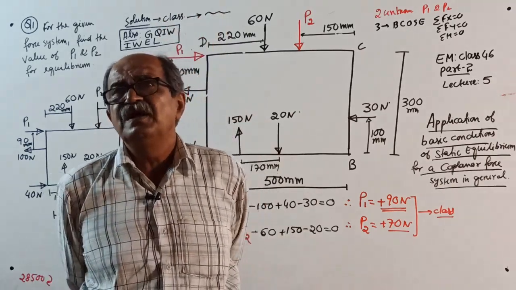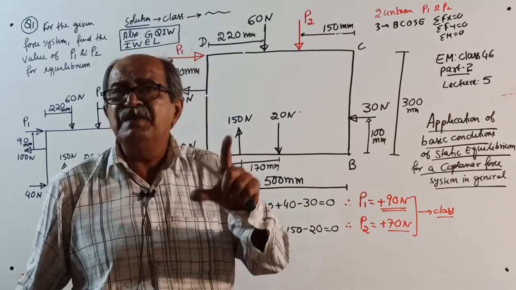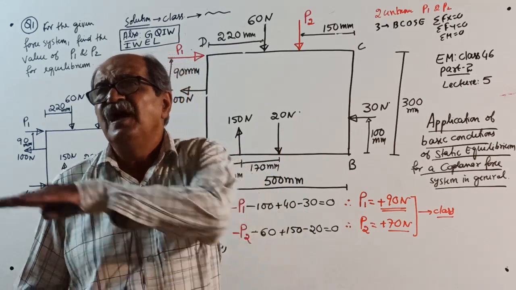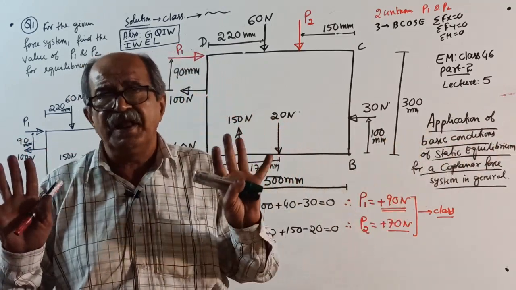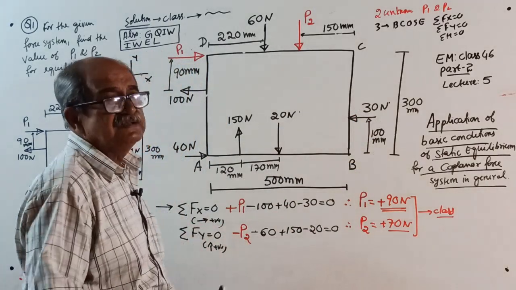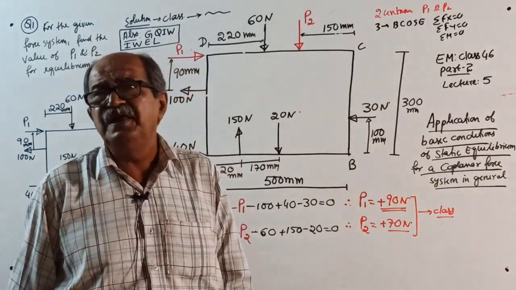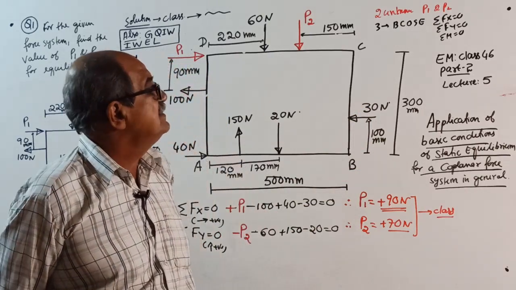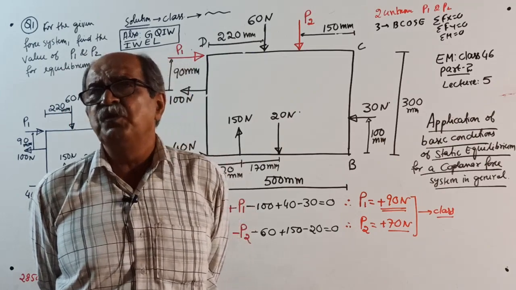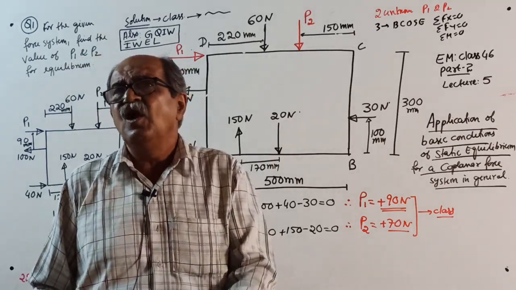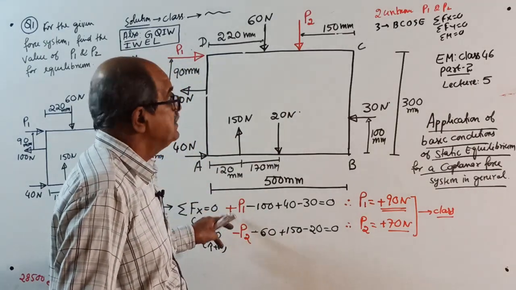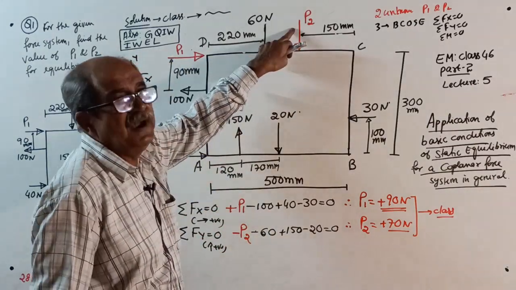First, sigma Fx = 0: the algebraic sum of components of all the forces along X-X equals 0. Explanation I am telling now. Second condition, sigma Fy = 0: the algebraic sum of components of all the forces along Y equals 0. With sigma Fx and sigma Fy, two conditions, you can solve P1 and P2.